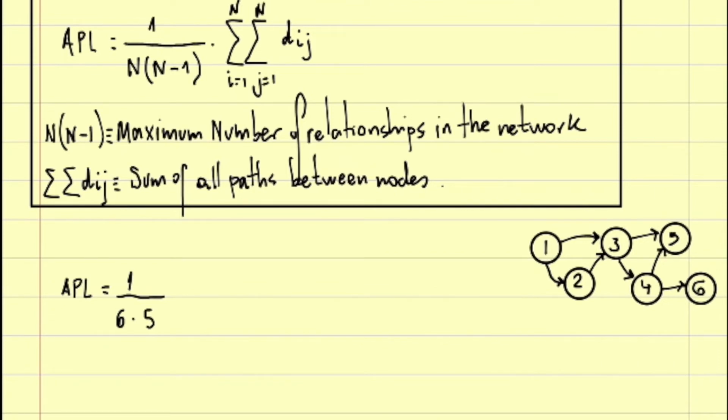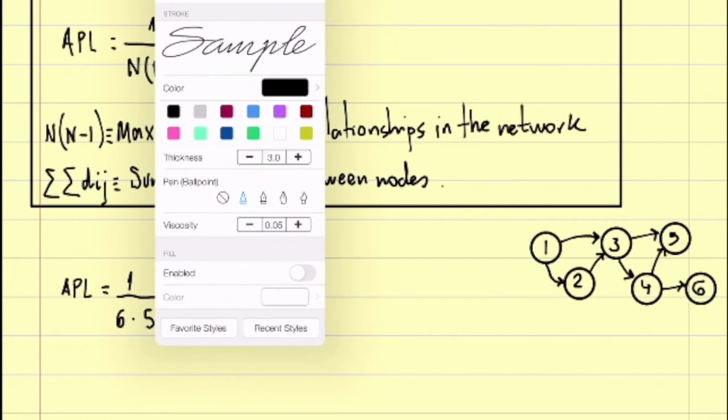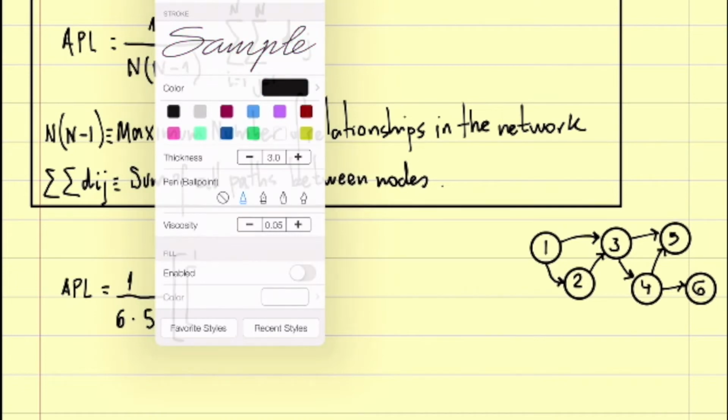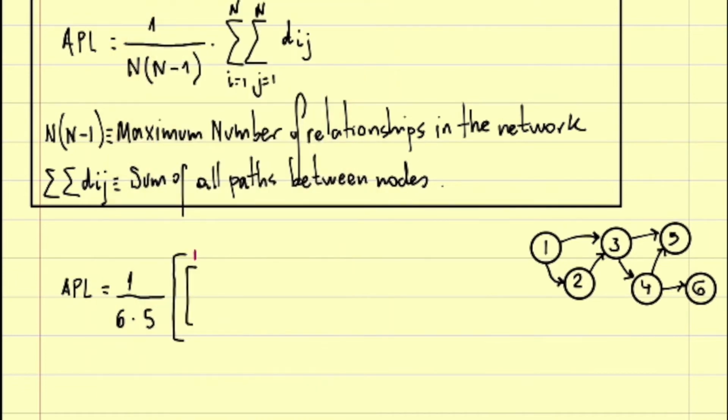Okay, and then let's start calculating all the distances of all the nodes to each other. So node 1, what is the distance between node 1 and node 2? I have one step, right? If you cannot follow, let me know.